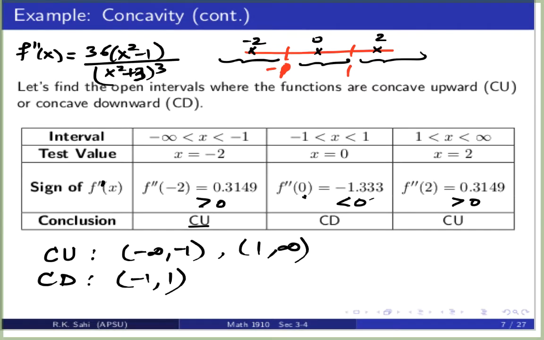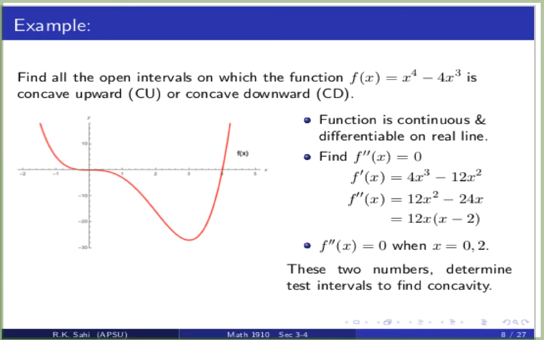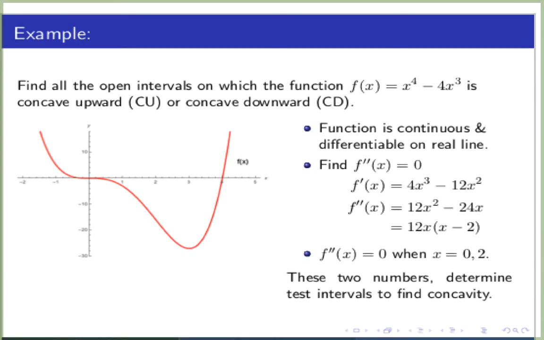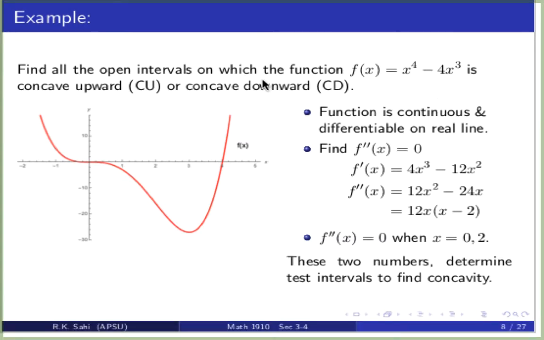Okay, let's look at another example. It says find all open intervals on which the polynomial function of degree 4, x to the fourth minus 4x cubed, is concave upwards or concave downwards. Now this is how the graph looks, guys. We would like to find what the intervals are.